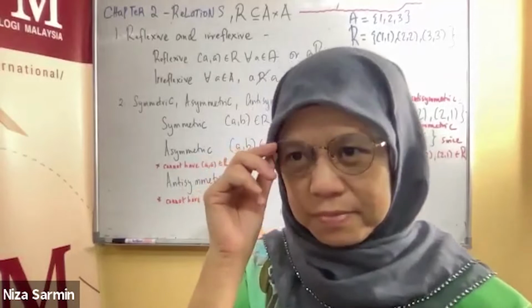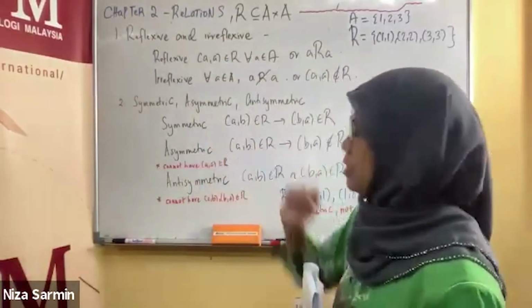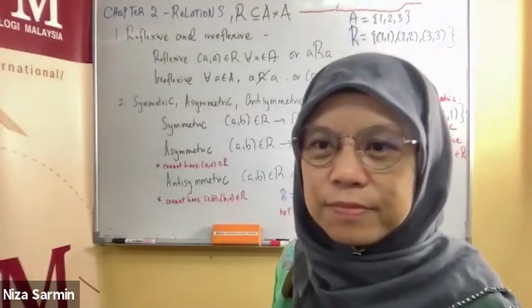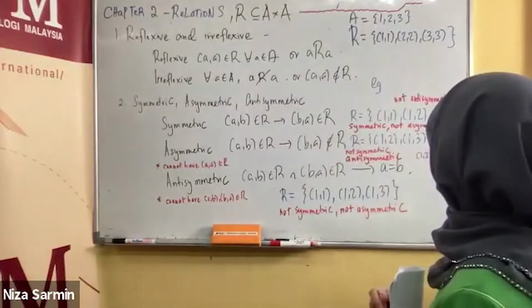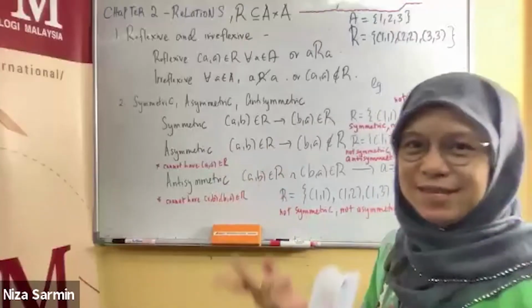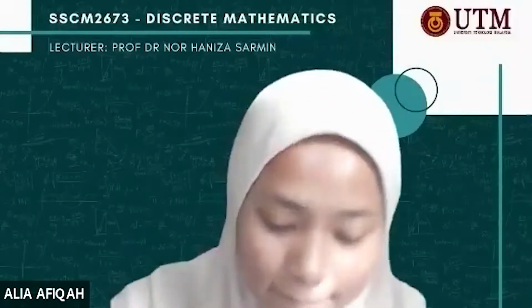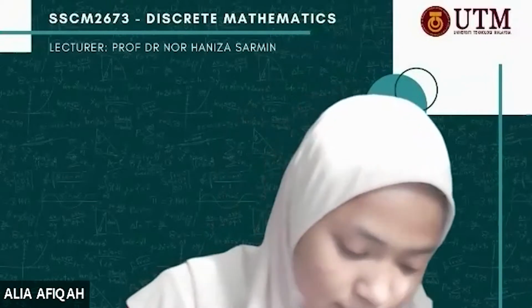Next would be Alia Afika. Is it symmetric? Yes, because (1,1), (2,2), and (3,3) are in R. Yes, symmetric. Okay.